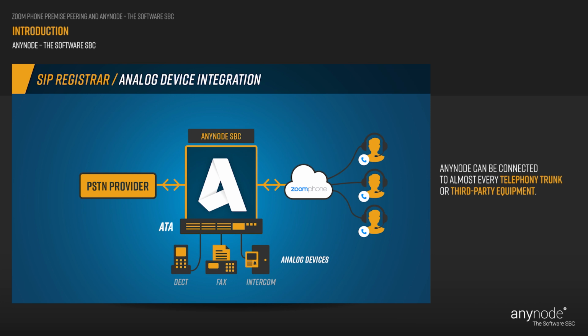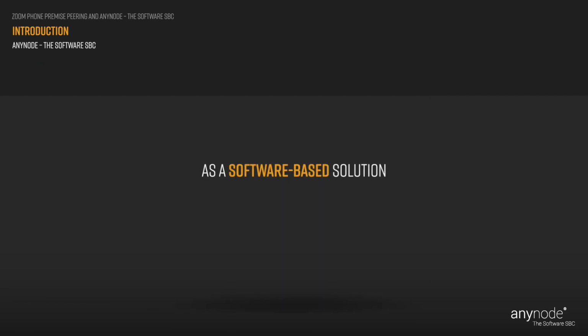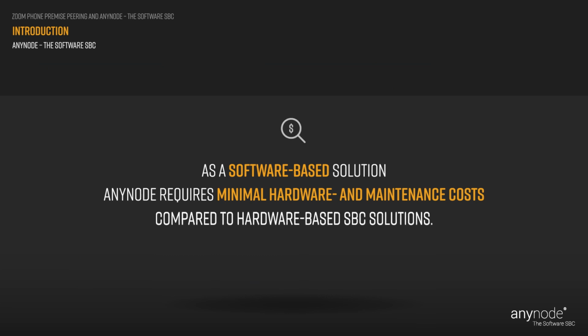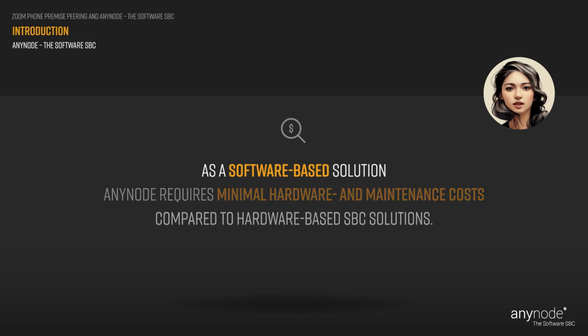Additionally, anynode offers many integration options, making connections to almost every telephony trunk or third-party equipment. Another advantage of anynode is its fair investment costs. Because it is a software-based solution, anynode requires minimal hardware and maintenance costs compared to traditional hardware-based SBC solutions.